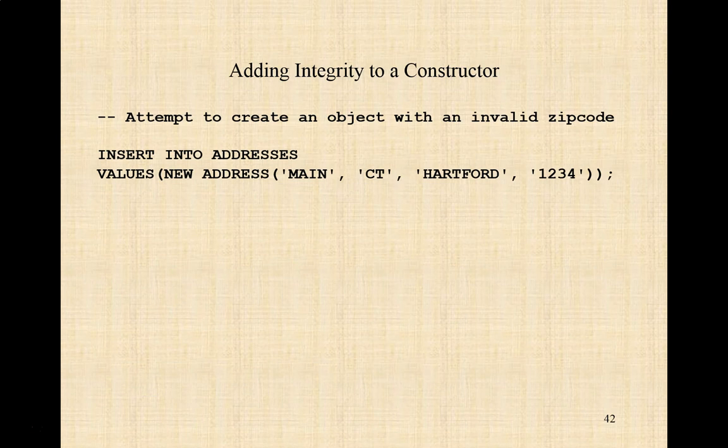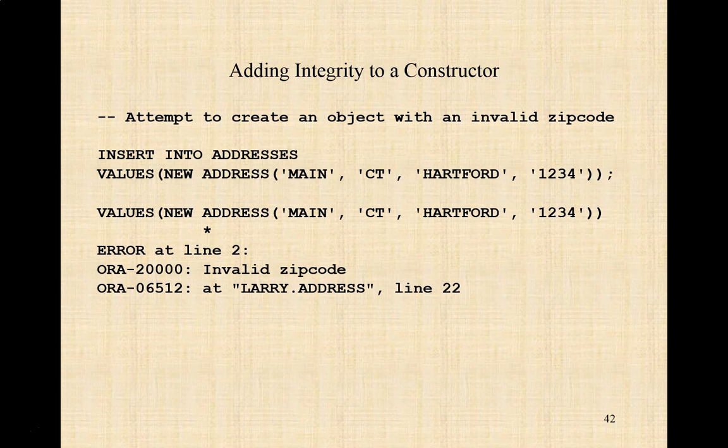If we now attempt to instantiate an address object where we did not abide by the rule that the zip code must have 5 digits, the constructor will throw the exception. Here we're attempting to create an address object with only a 4-character zip code. The constructor receives this value in the zip code argument, says it's not the proper length, and throws the exception by calling raise application error.